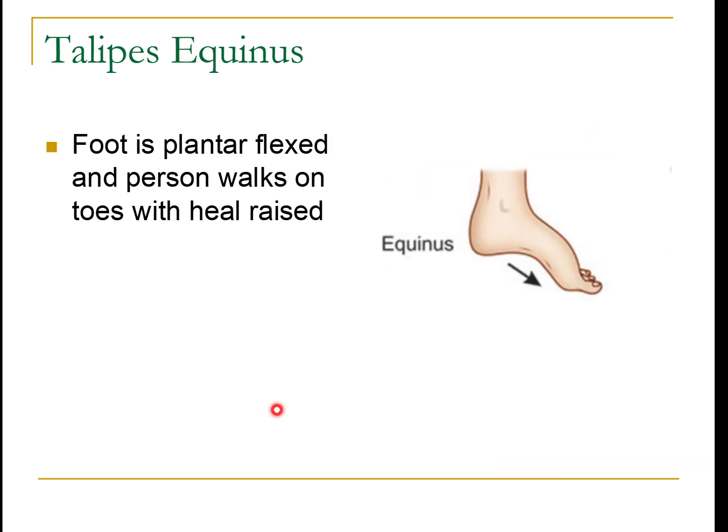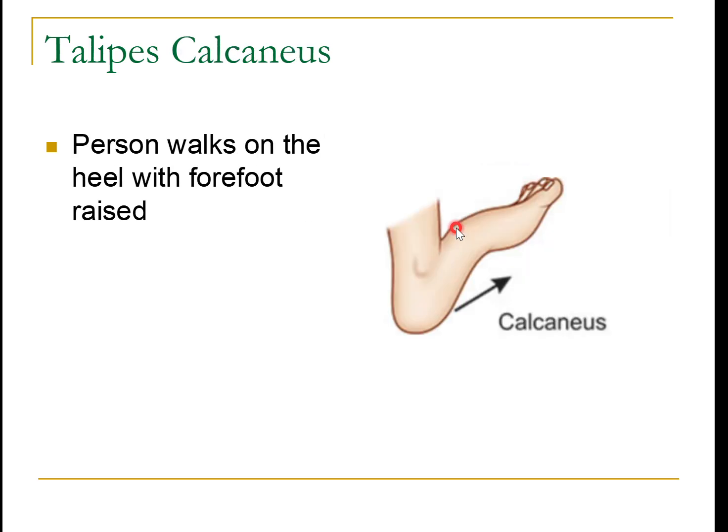So what is talipes equinus? In this, the foot is plantar flexed and the person walks on the toes with the heel raised. This is similar to that in a horse, that's why it is called talipes equinus.